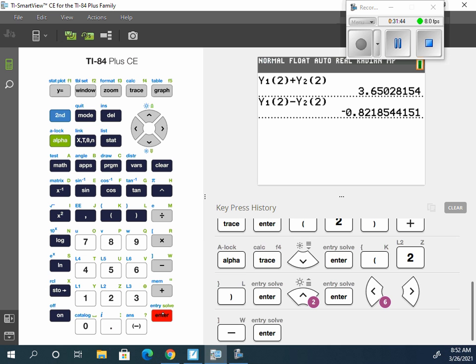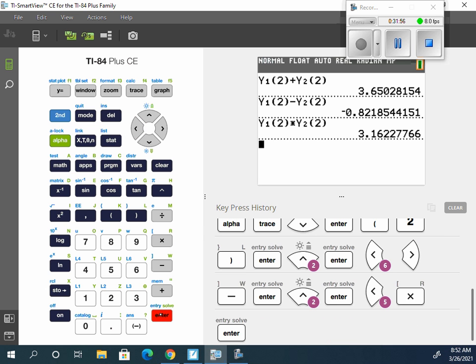Okay. Well, it also wants us to do multiplication and division. So I come up, select it. Change it to multiplication.